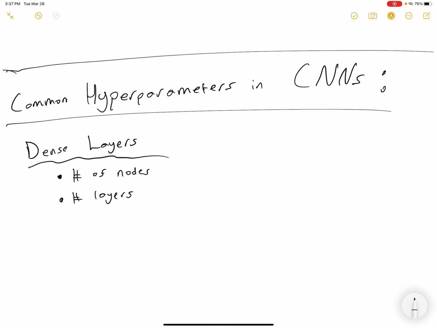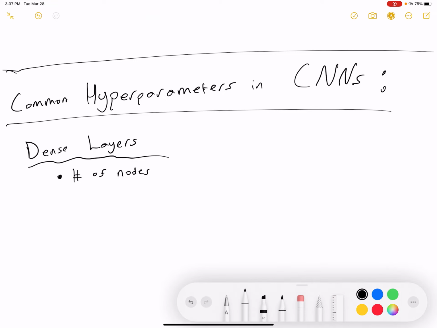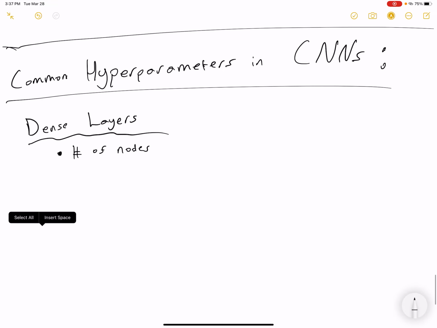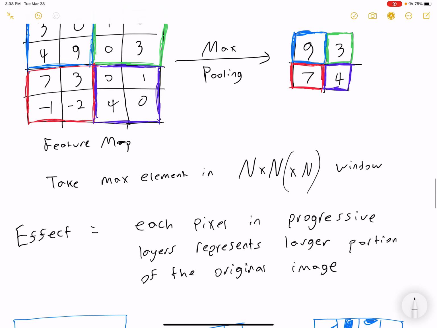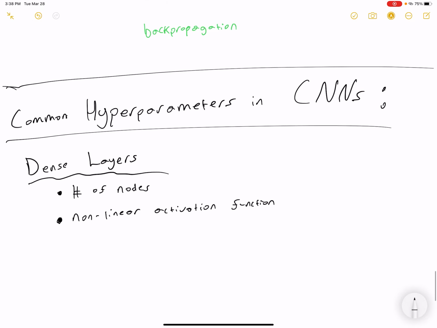Actually, not number of layers, because we're saying for one layer, these are the hyperparameters. You can design the architecture to have multiple layers, but that's not a hyperparameter. Another hyperparameter is the nonlinear activation function you want to use. Last time we learned about ReLU. I should say that ReLU often is applied to the output of the convolutional layers.